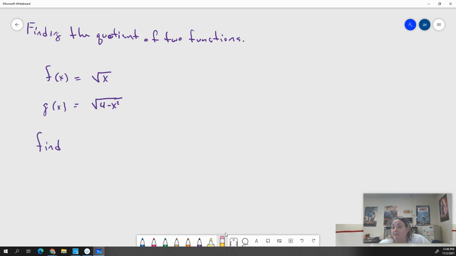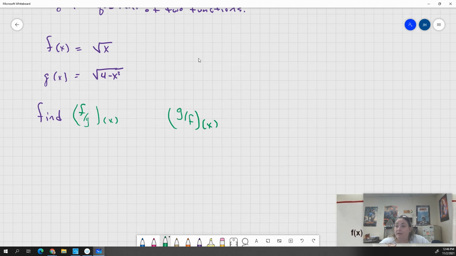We just want to find f over g of x, and we want to find g over f of x. Well, it looks super complex, right?